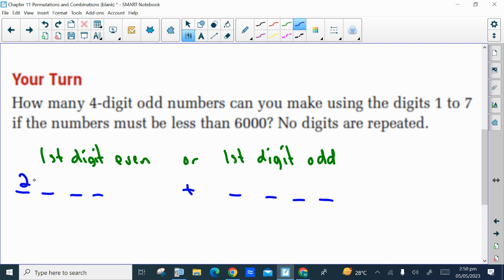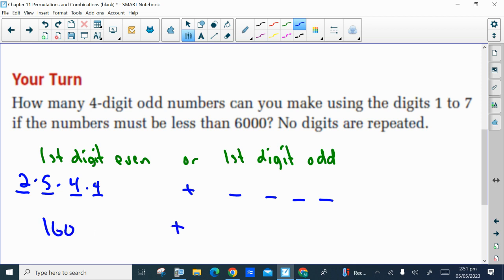There's 2 choices for it. And this doesn't limit how many choices we have for the last digit. Because our number has to be odd, the last digit has to be odd. It can be a 1, a 3, a 5, or a 7. There are 4 choices for the last digit. We started with 7, we've used 2. That leaves us with 5 times 4 for the remaining 2 spots. So 2 times 5 is 10, 4 times 4 is 16, 10 times 16, 160.